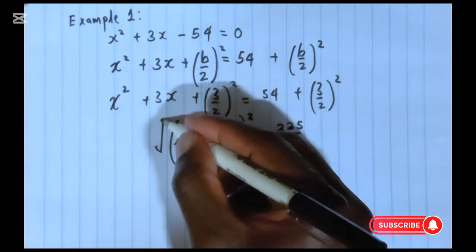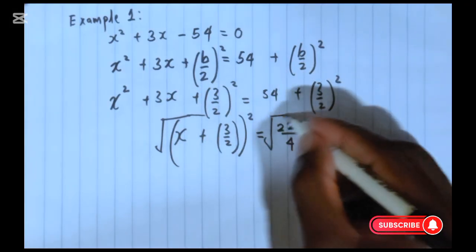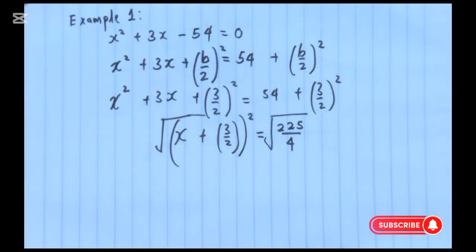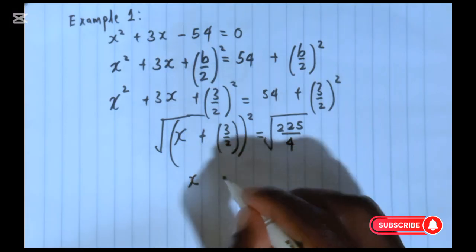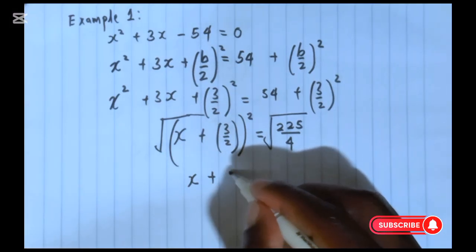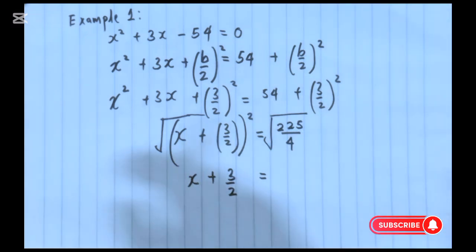So when you find the square root of everything on the left hand side and everything on the right hand side, you're going to remain with x plus 3 all over 2 equals the square root of 225 divided by 4.